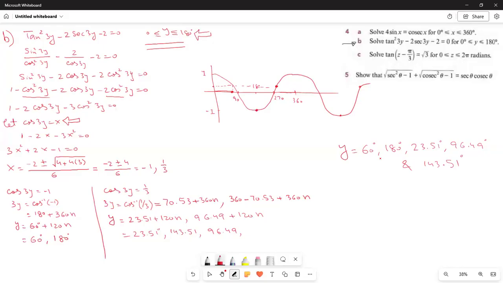So this is the answer to our question number 4B. I hope it's clear. Now I need to erase all of this because I need room for question number 4C.